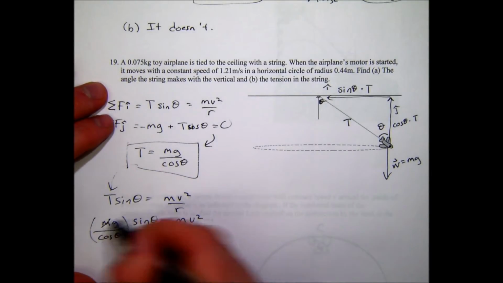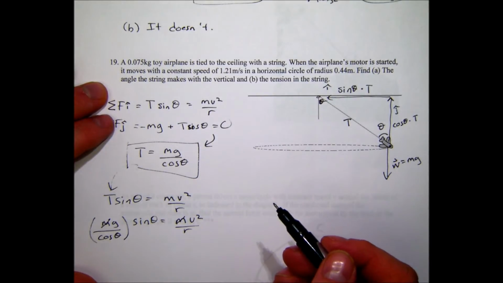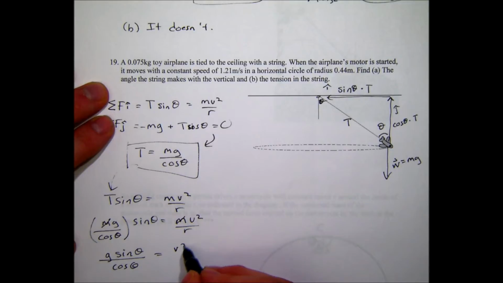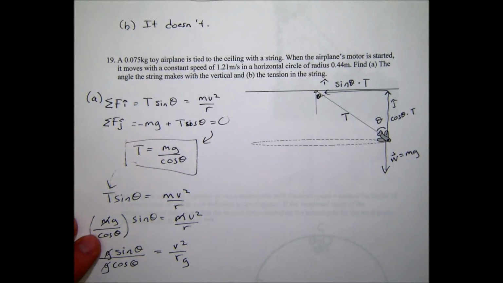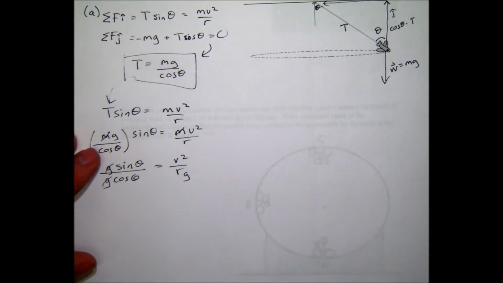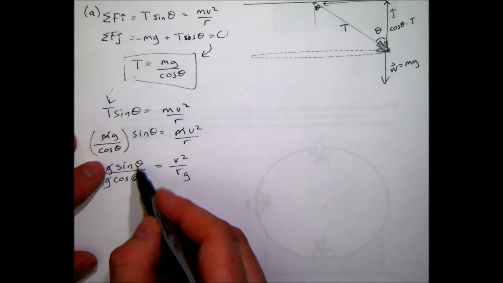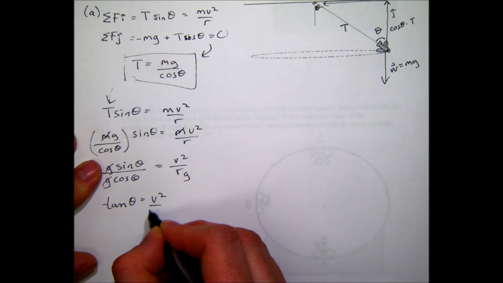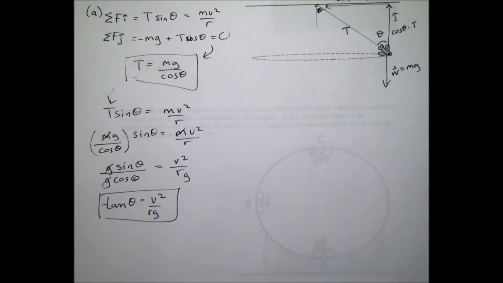So the mass cancels out on both sides, and I end up with g sine theta over cos theta is equal to v squared over r. I'm going to divide both sides by g, and I end up with sine theta over cos theta is equal to v squared over rg. Sine theta over cos theta is the tangent of the angle, is equal to v squared over rg. And there we go, we have that equation. So it's a lot of work for something that we already knew.